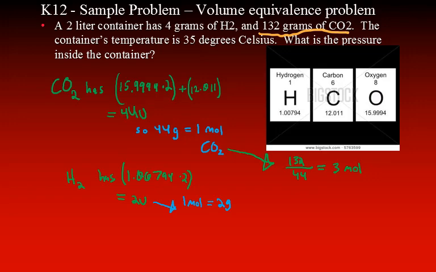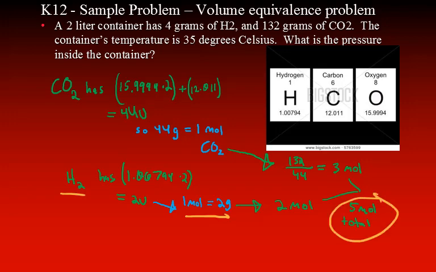If we divide that by 44, we find out that we have 3 moles of it. And then for H2, it says we have 4 grams, so therefore there's 2 moles of that because every mole is 2 grams for H2. So we have 5 total moles, and that may have been the toughest part of this one here.